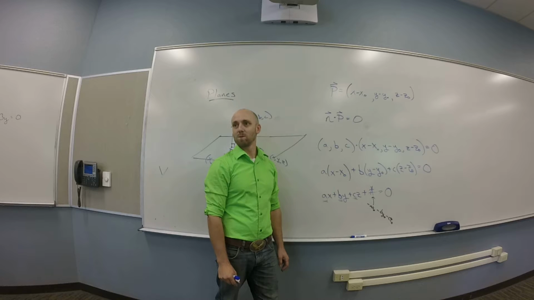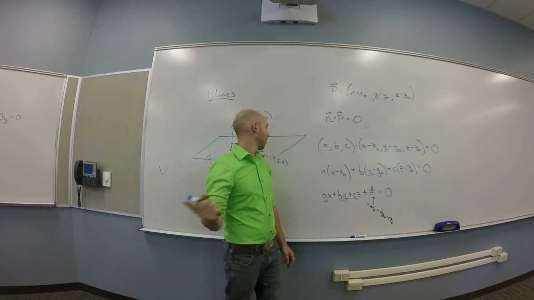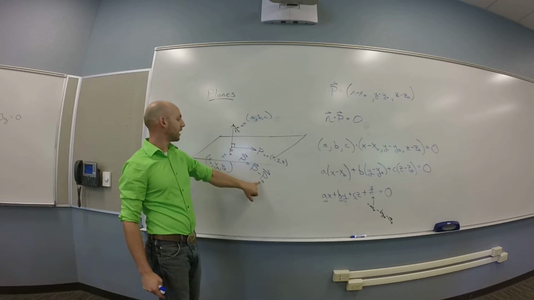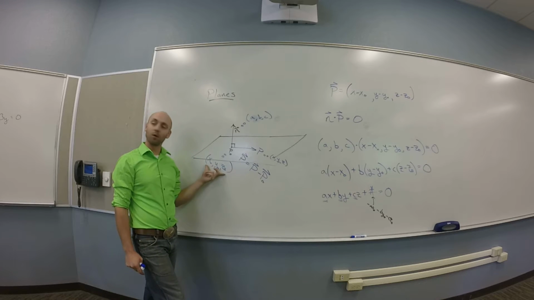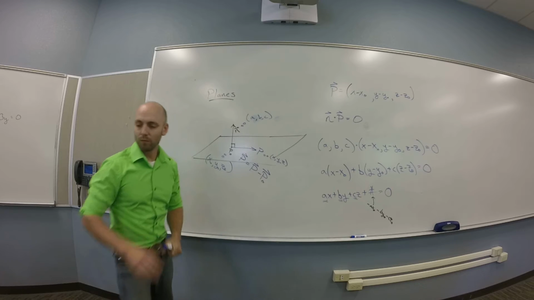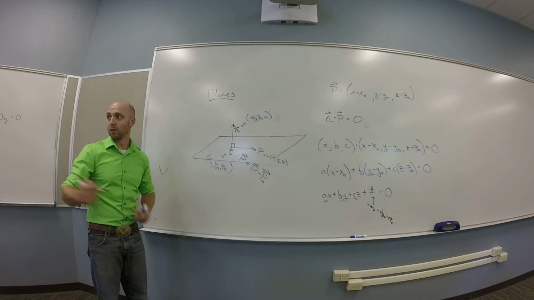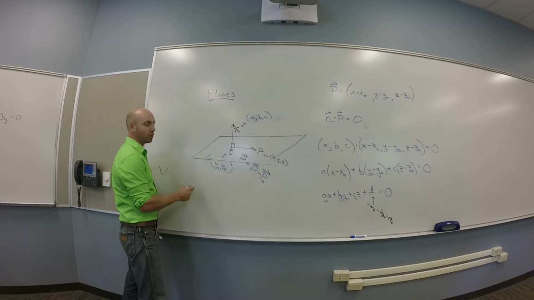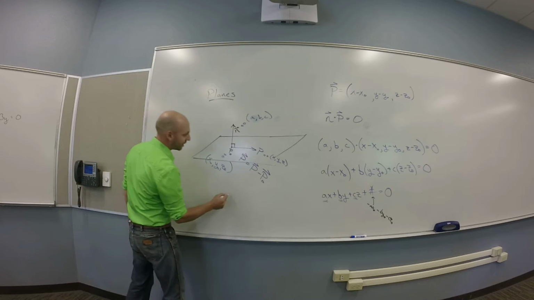What about vector P naught that you had right there? That's me thinking about the point x naught, y naught, z naught as a vector. I don't know where the origin is in this picture. Maybe it's down here.